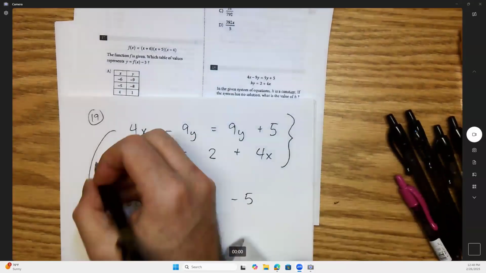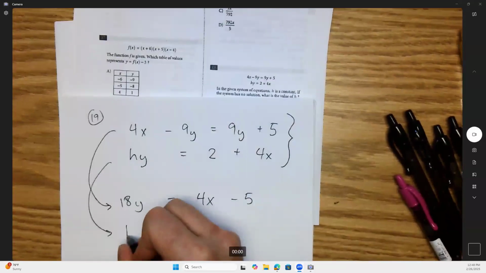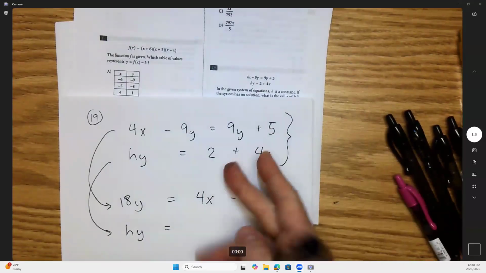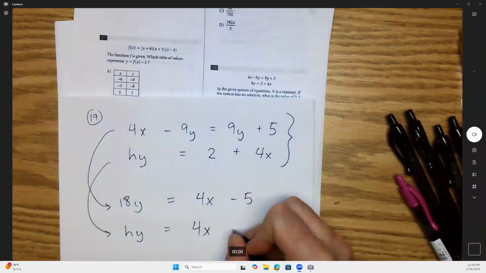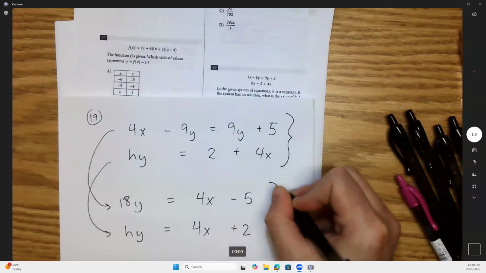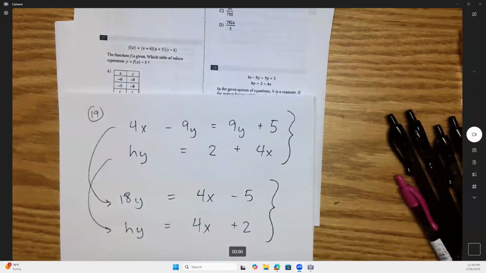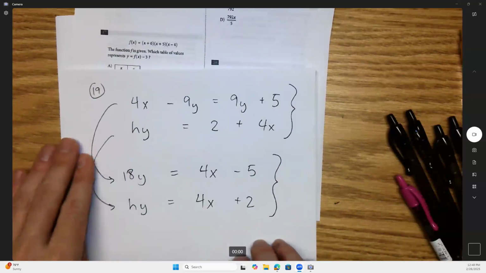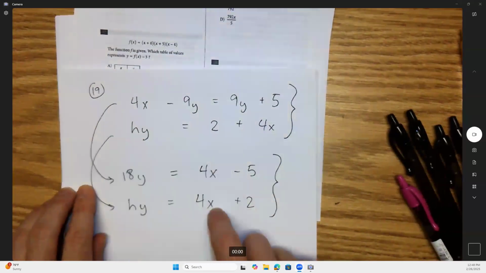And I'll just take the second one and copy paste it. Hy equals, well, sorry, I'll swap these two. So let's do 4x plus 2, just to get it a little bit closer to slope-intercept, y equals mx plus b. You guys see that that's the exact same system of equations? You see that?